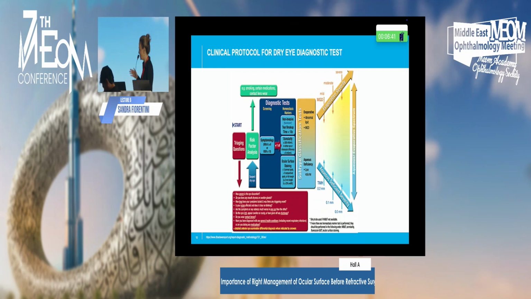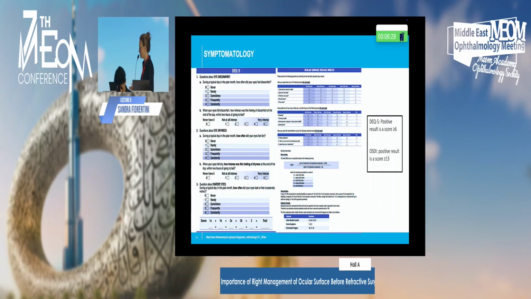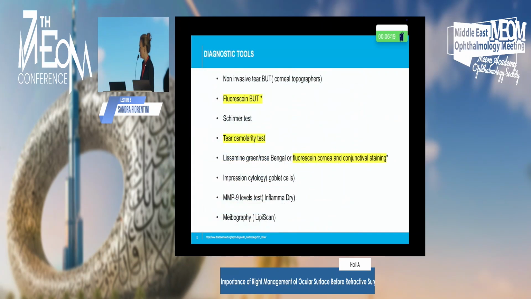But definitely we start with the triaging, the diagnostic tests, biomicroscopy, and then we differentiate which type the patient predominantly has. Because in some cases it's worth treating the patient before the surgery, but in some cases we have to contraindicate. So we start with the questionnaire given to the patient, and then the diagnostic tools.